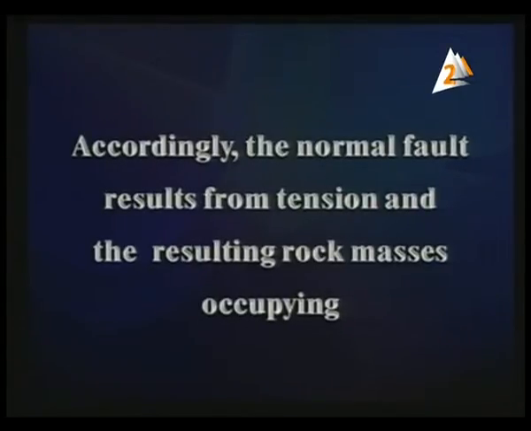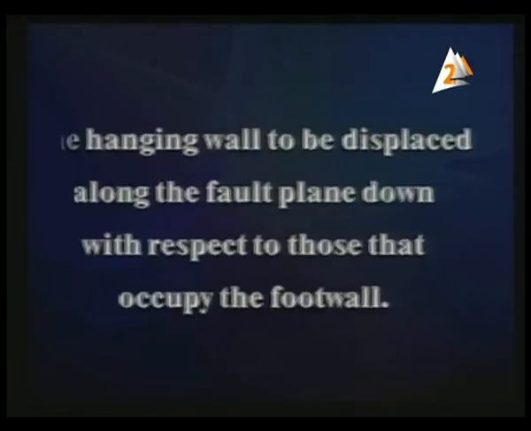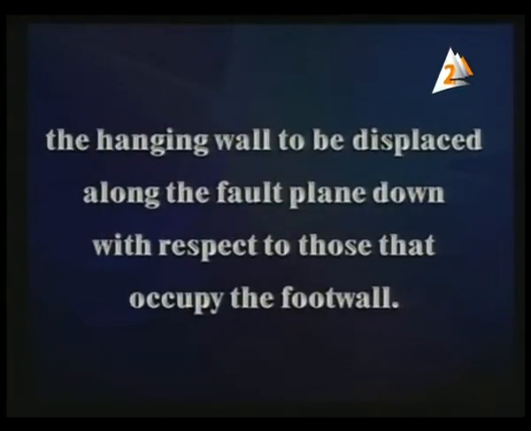The normal fault results from tension, and the rock masses occupying the hanging wall are displaced along the fault plane down with respect to those that occupy the foot wall. As you see, my dear students, we have a hanging wall.